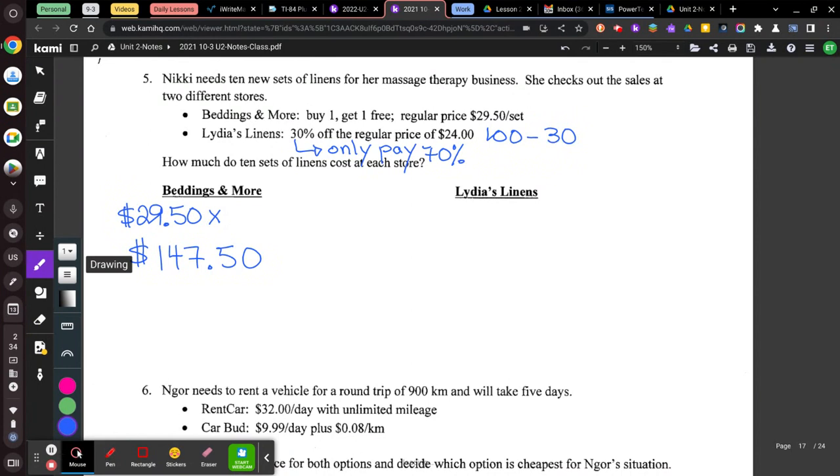Okay, at Lydia's Linens, we do have to buy all 10. But remember, we're only paying 70%. But this time they're cheaper. They're only $24. So we're going to have $24 times 10 sets is going to be $240.